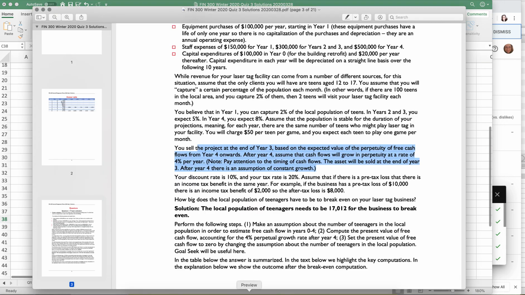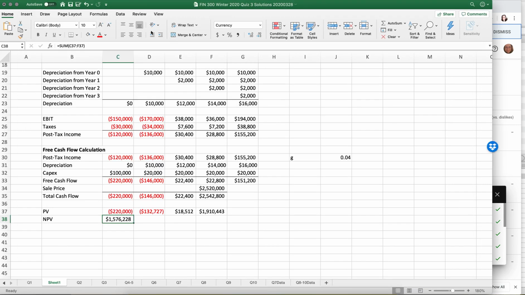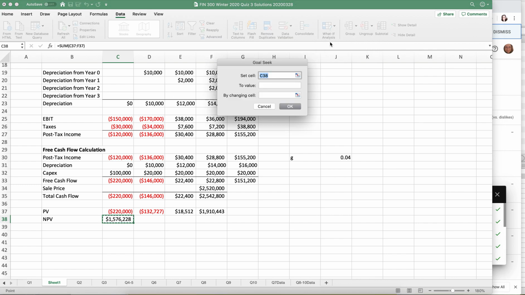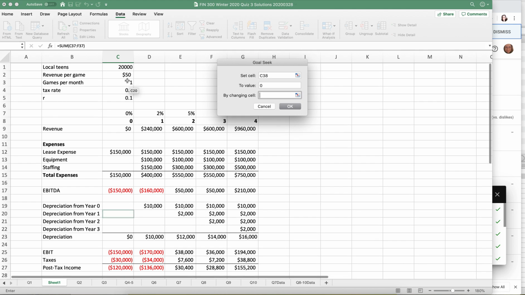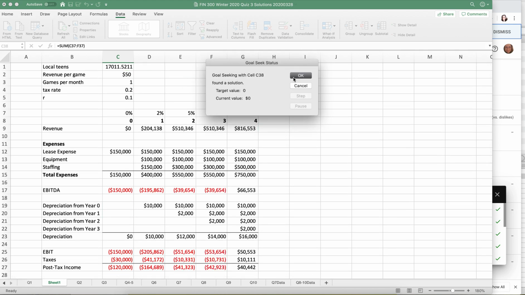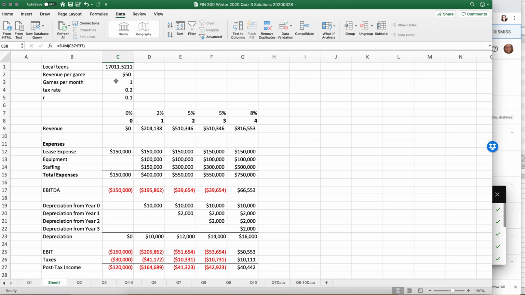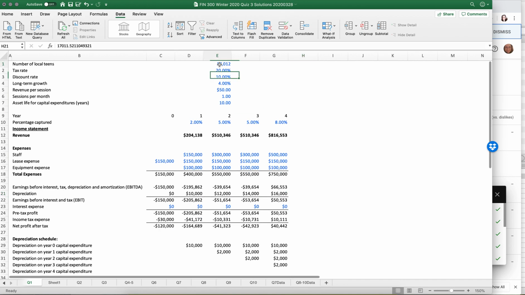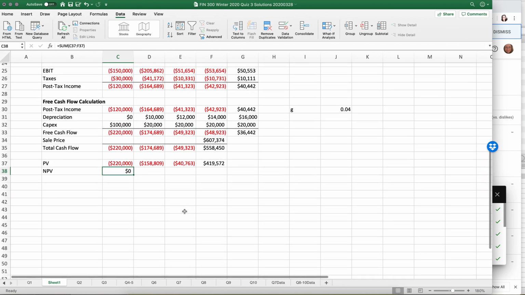Okay, and the question says, how big does the local population of teenagers have to be to break even on your laser tag business? So that is a goal seek question. So we want to set the NPV equal to 0 by changing the number of local teens. 17,011 teens, and let's just check this. 17,012 teens. So we got the right answer, and that is exactly how we did it.